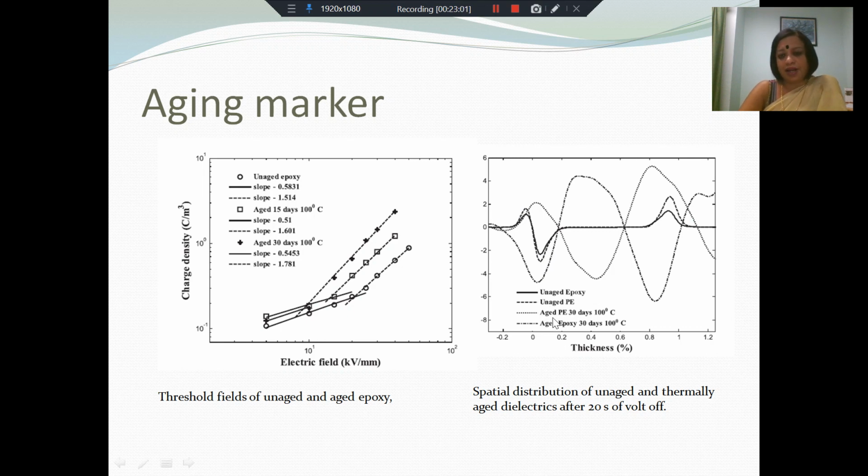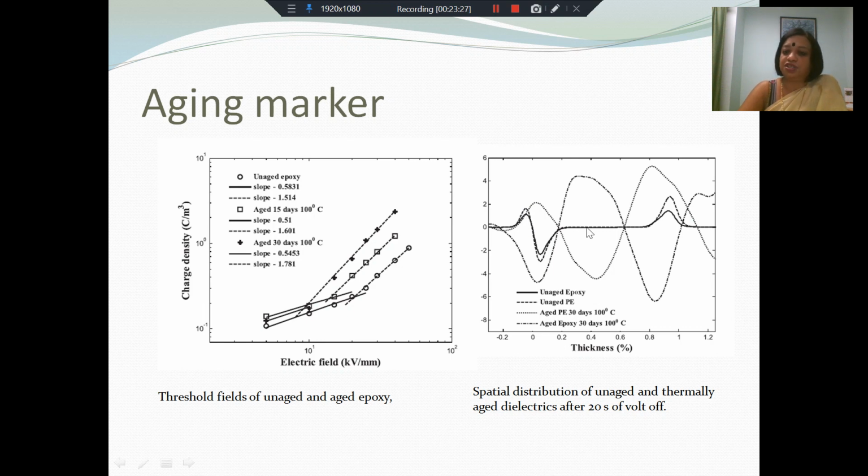Now, this is unaged epoxy, and then we have unaged polyethylene. As you see, this dashed line is also a virgin sample. Polyethylene, as we have discussed before, has a lower threshold field and higher charge density trapping. So we do see that at the electrodes, the polyethylene shows greater charge density.